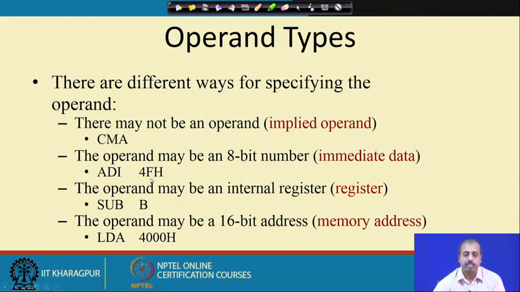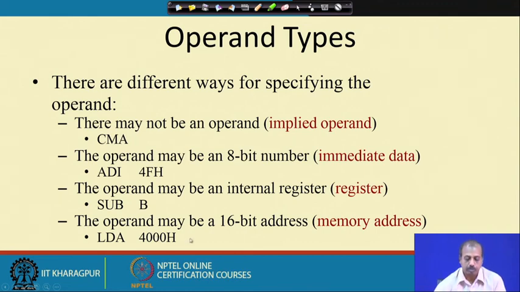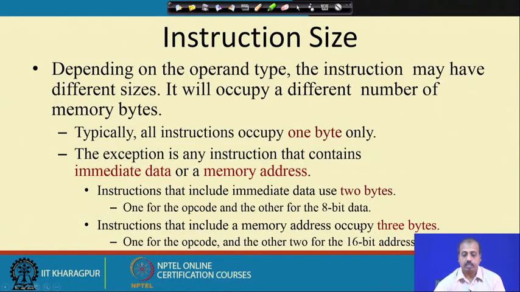This is basically an addition operation with the immediate operand. Then we can have some internal register or register operand, like SUB B, where B is a register, or it may be a memory address, like LDA 4000 hex. The content of memory location 4000 hex will be loaded. This way I can have different types of operand: implied operand, immediate operand, register operand, and memory address.